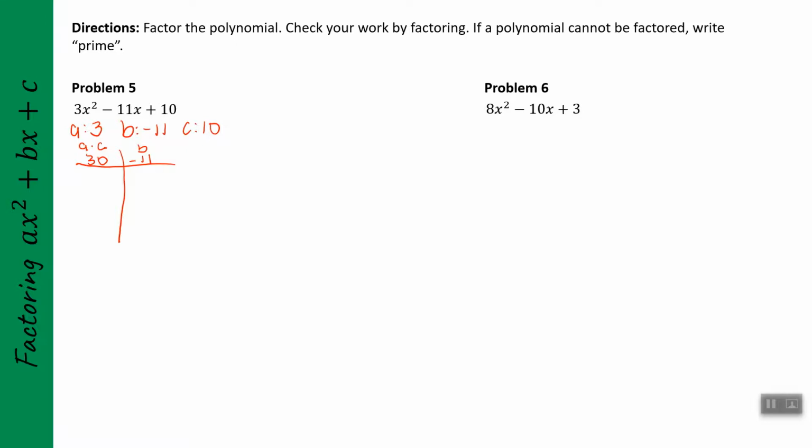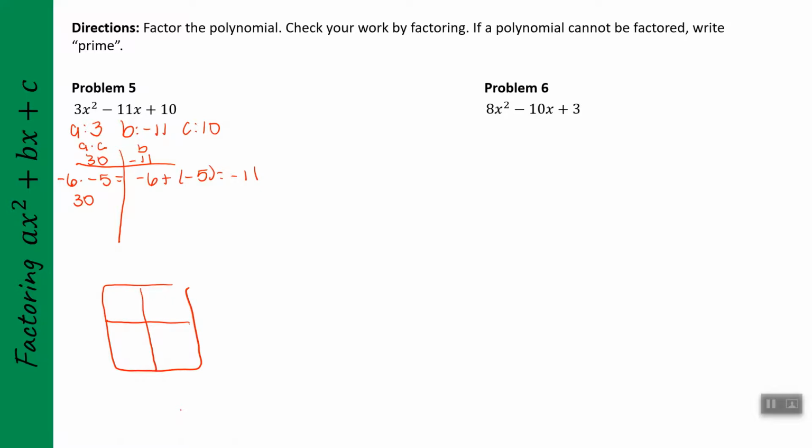Okay, so to multiply to a positive and add up to a negative, I'm going to have a negative times a negative. So we can have negative 6 times negative 5 equals positive 30. Negative 6 plus negative 5 equals negative 11. So that works. We're going to go ahead and create our box so we can work in reverse.